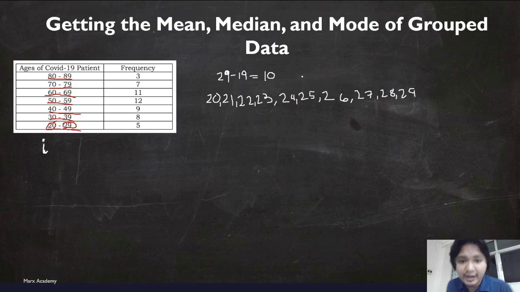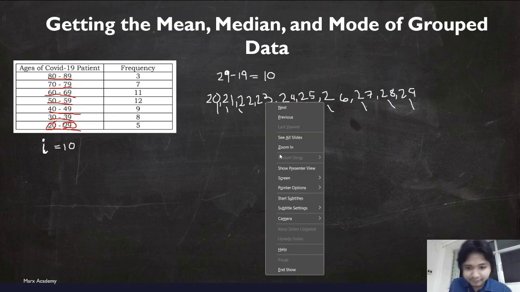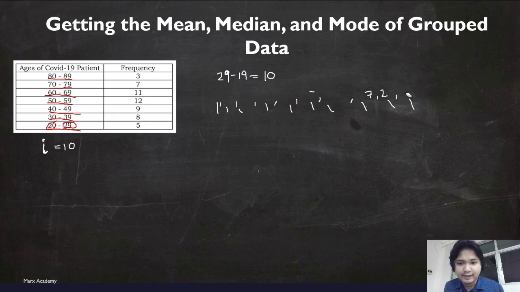The reason I subtract 19 is because 20 is included in the ages, and what's not included is 19. So that's why we have an interval of 10. And if we count it manually, 1, 2, 3, 4, 5, 6, 7, 8, 9, 10. So our interval in each age group is 10.